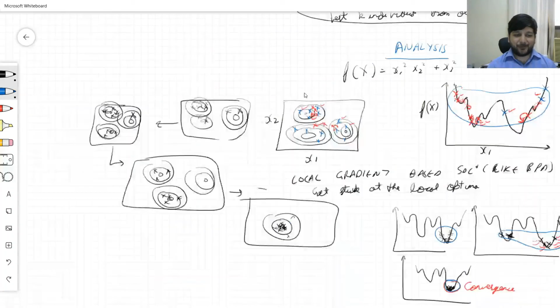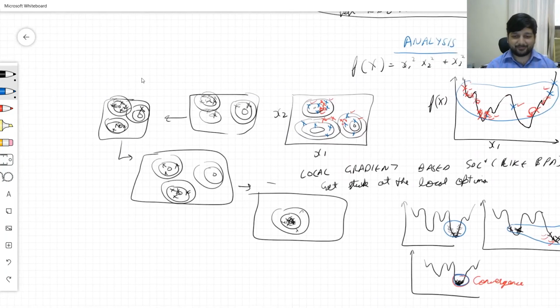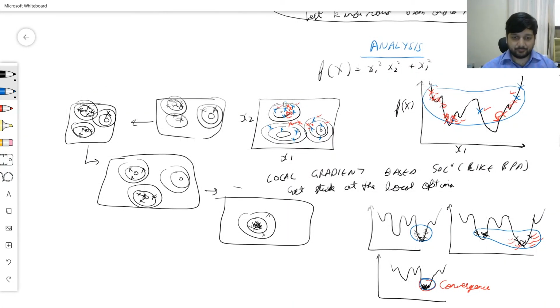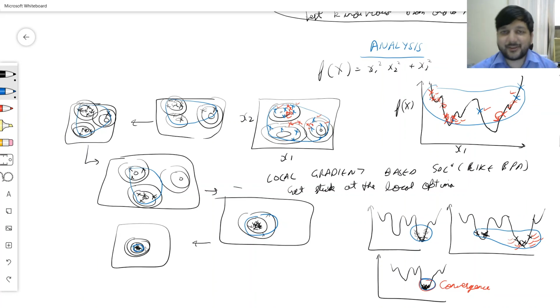Similarly here, if I draw a hypervolume that tightly covers all the individuals, you see this volume will only reduce, and eventually when it comes to convergence, you'll have all the individuals here only, where the hypervolume is here. That's when convergence happens.